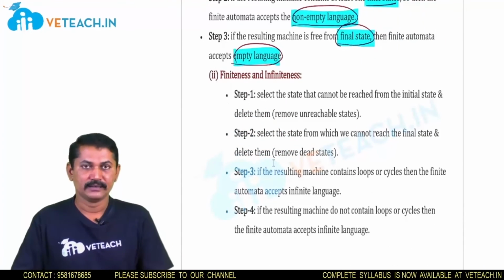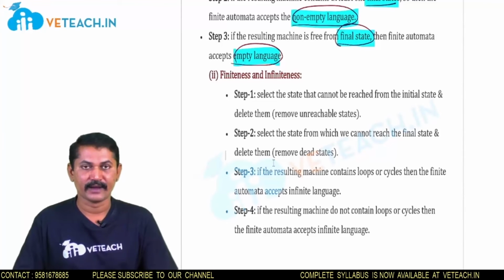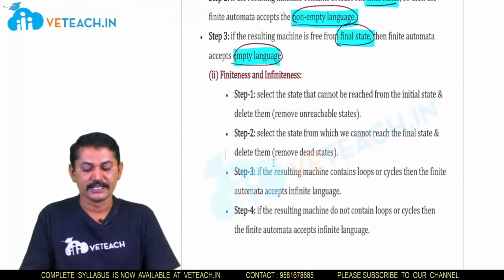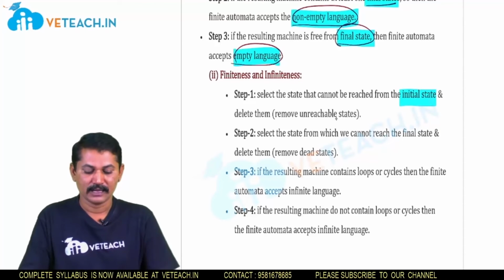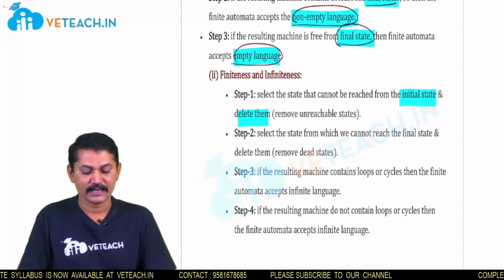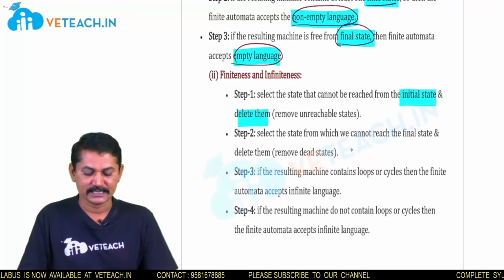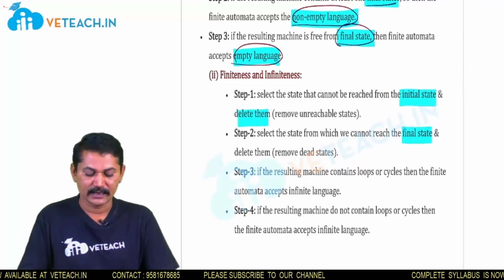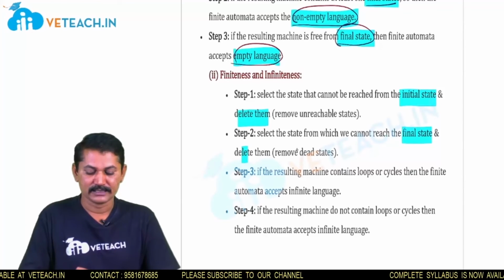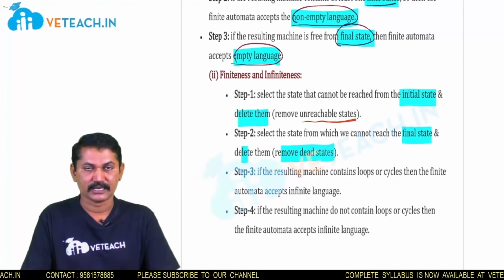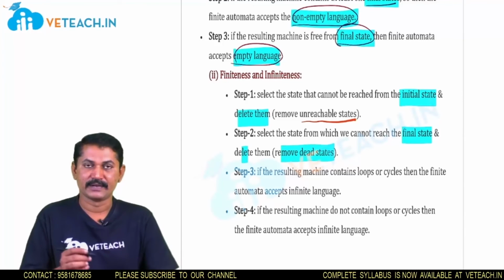Now the next one is finiteness and infiniteness. How can we decide finiteness and infiniteness? Step 1: select the states that cannot be reached from the initial state and delete them. Step 2: select the states from which we cannot reach a final state and delete them, that is, the dead states. The previous one is unreachable states.